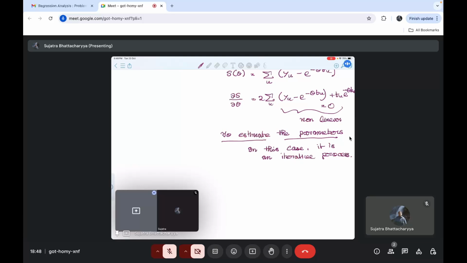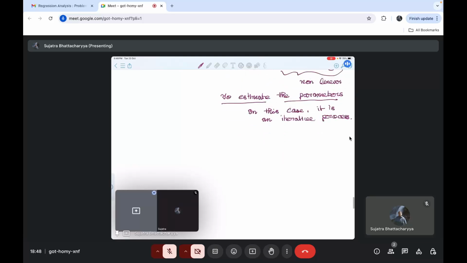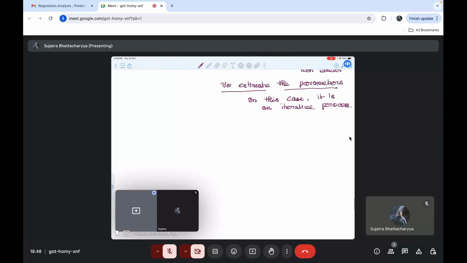All right. For this kind of parameter estimation in the nonlinear model, we use the very famous Taylor series expansion.